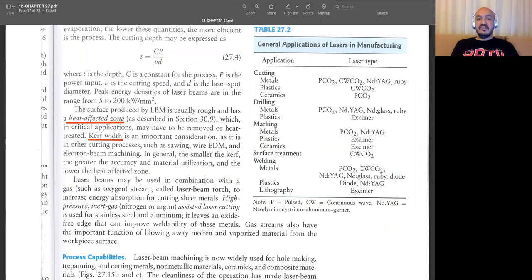The regions beside the removed regions have high temperatures, and these are called the heat affected zone. And again, as in the case of wire EDM, we have a kerf, and we need to be careful about the width of this kerf, whether it's fine for our applications or not.